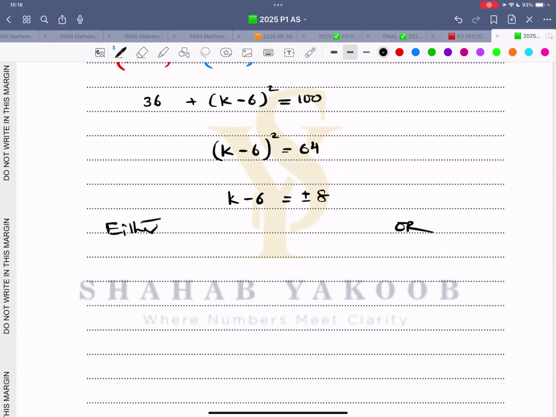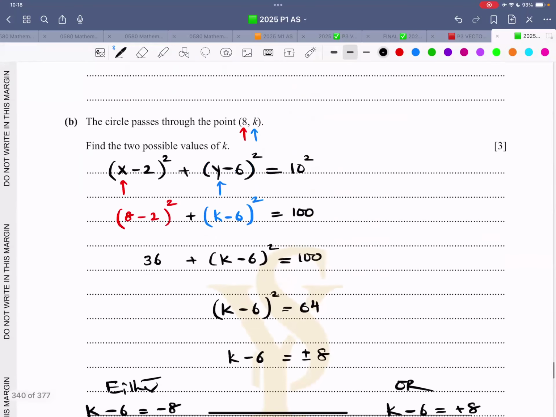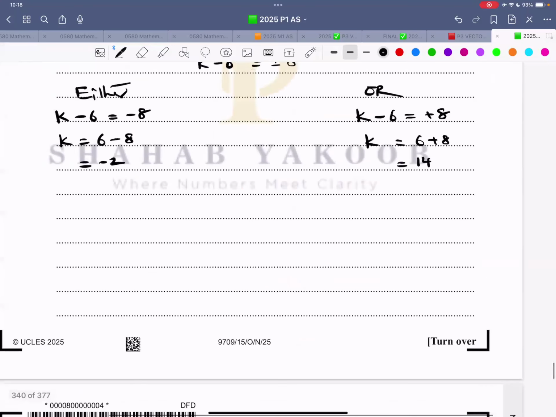Either k minus 6 is negative 8, or k minus 6 is positive 8. K is 6 minus 8, which is negative 2. K is 6 plus 8, which is 14. They are asking the two possible values of k. So therefore, k is negative 2 or k is positive 14.